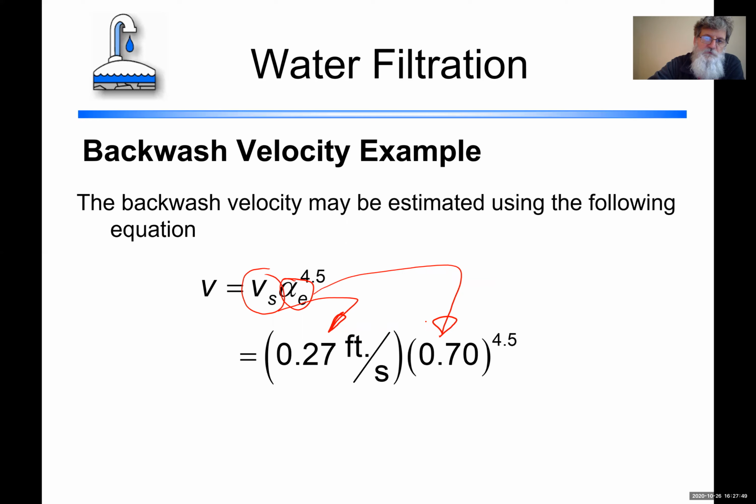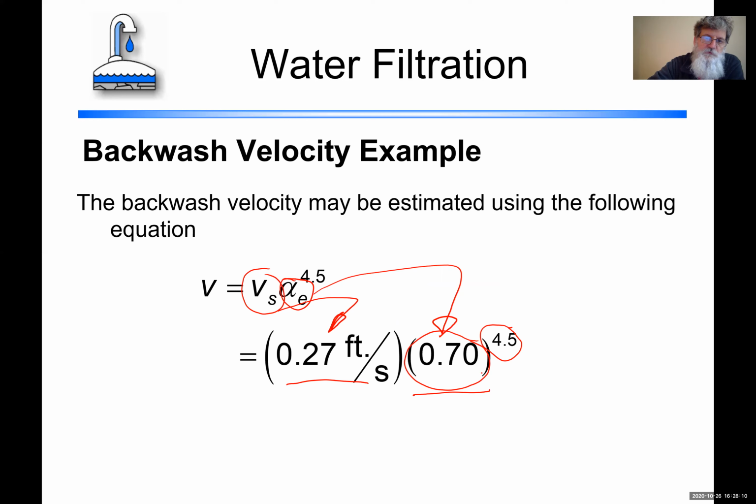You want to first take the 0.7 and then raise it to the 4.5 power. I've seen students multiply the 0.27 times 0.7 and then take the power of that, and that's not the same thing. So again, 0.7 raised to the 4.5 power, and then multiply that by 0.27.